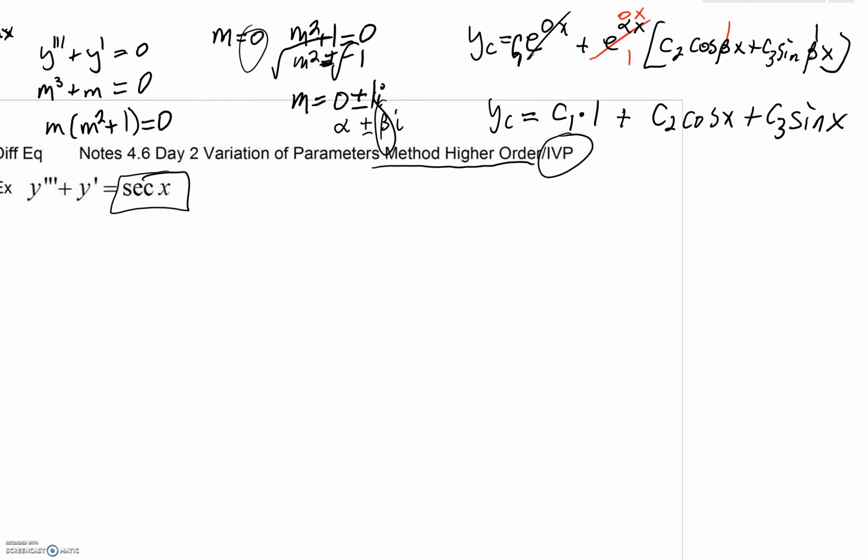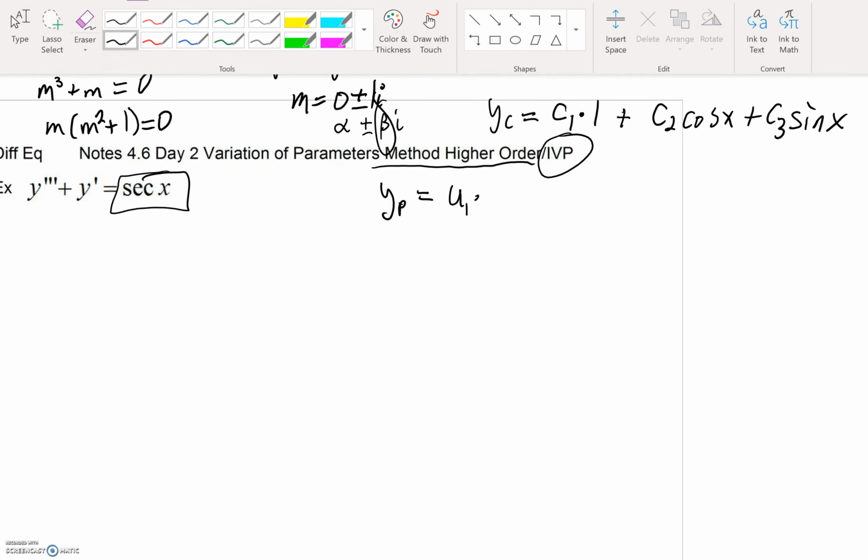And we're not able to use the methods that we've been doing previously, writing general forms of the right-hand side and taking derivatives and finding those coefficients. But instead, what we're going to do is say, look, we're assuming that our particular solution is going to be some function of x times our y1, our first solution.